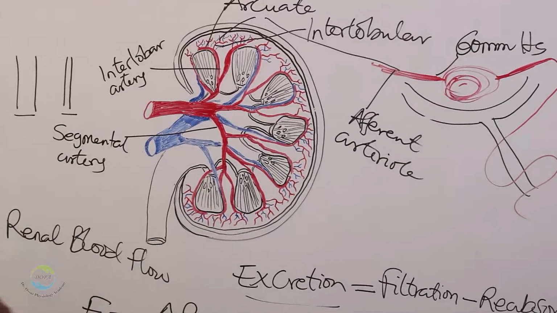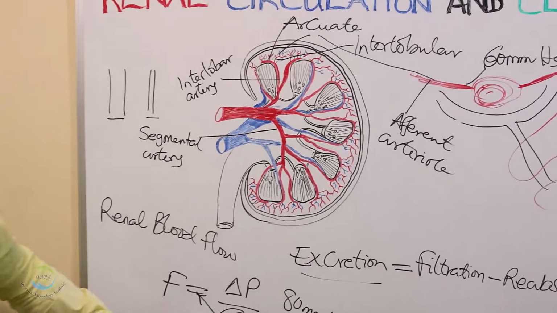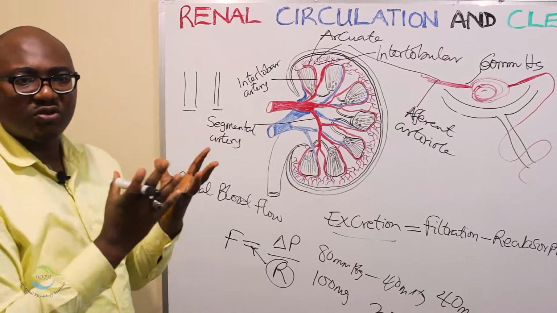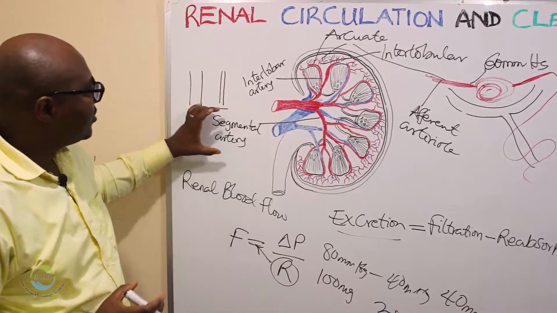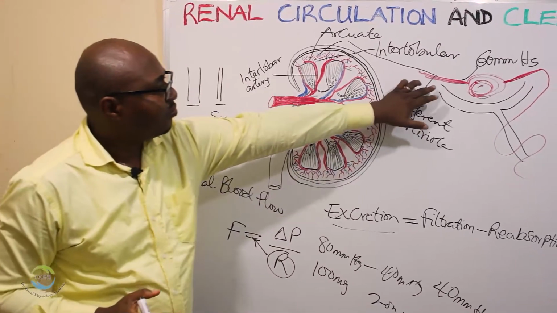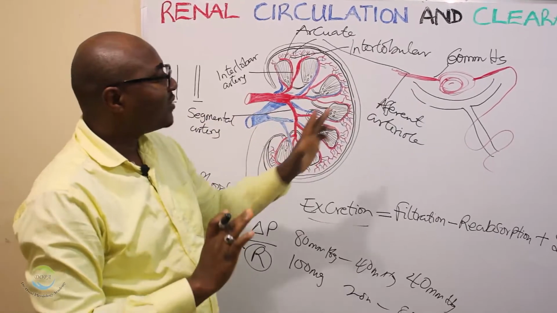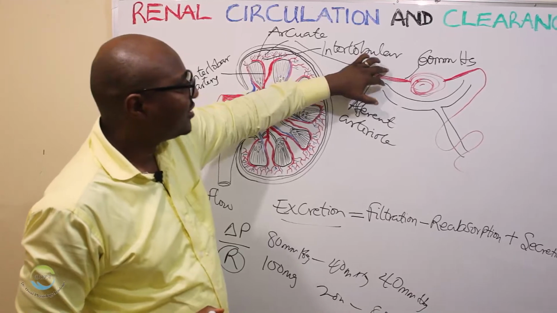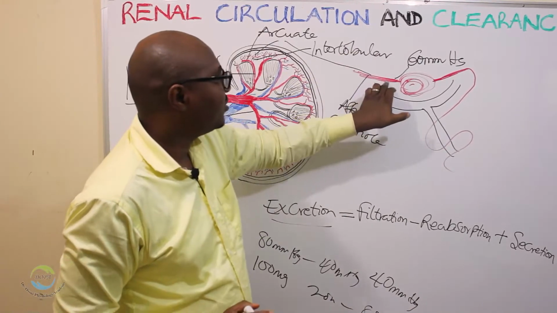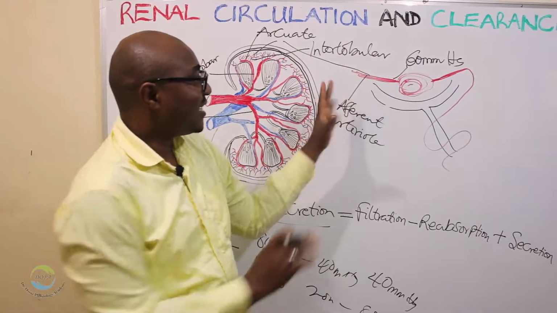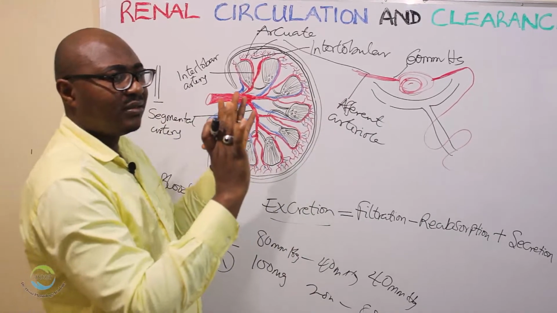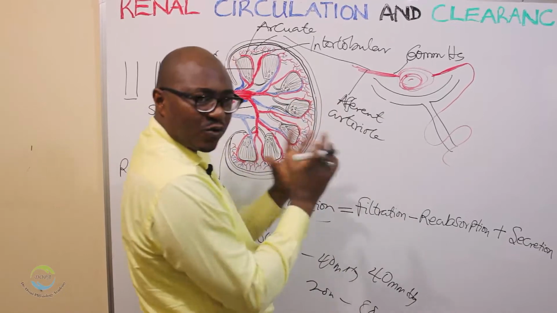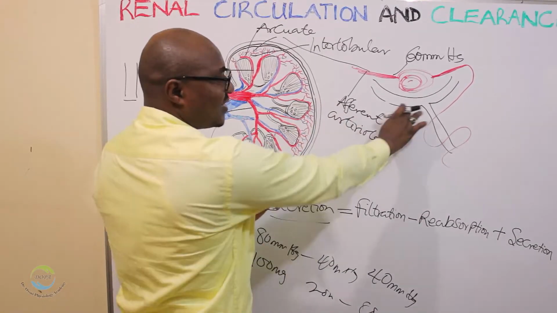All right, so let's go back to the resistance. What are those factors that determine the blood flow? In other words, we're talking about the factors that affect both the dilation and the constriction of these renal vessels. These are the two main things that control the blood that flows into this functional unit, which is the nephron.